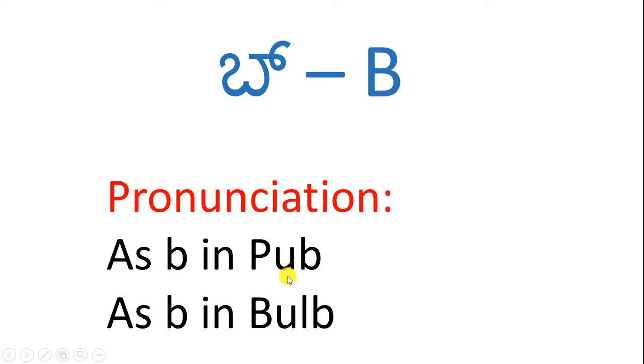If you remove p and u from pub, it would sound like b. Or if you remove small b from bulb, it would sound like b. That is how this root consonant is pronounced.